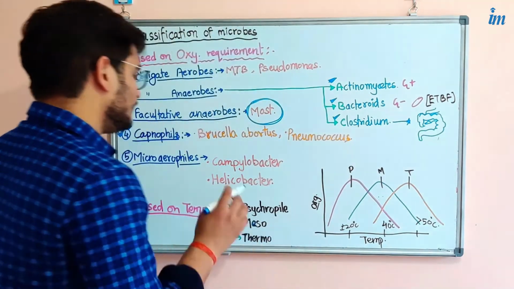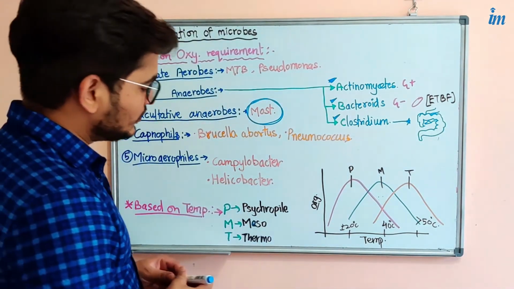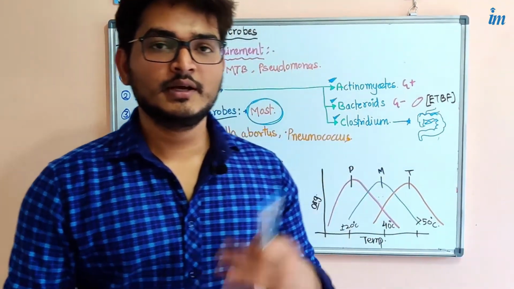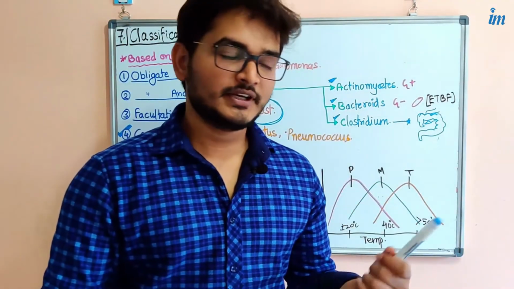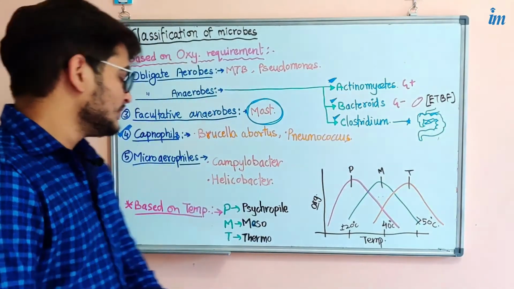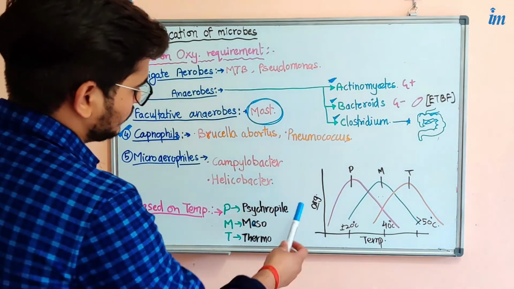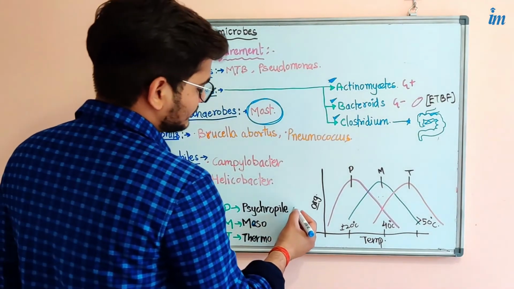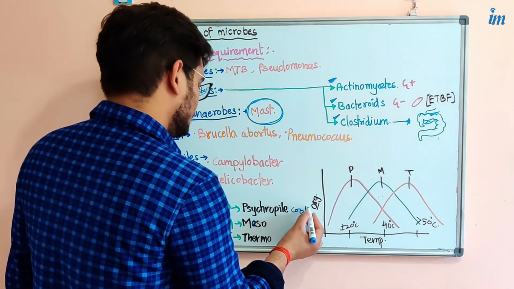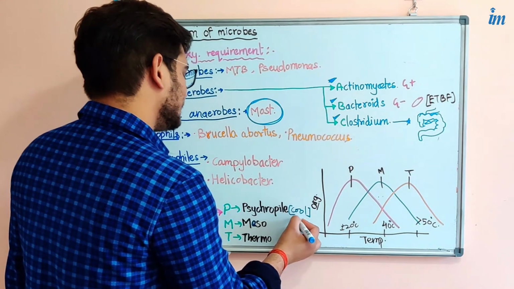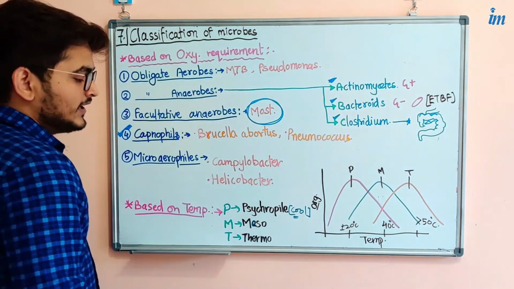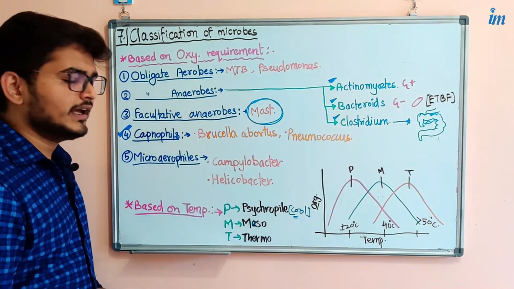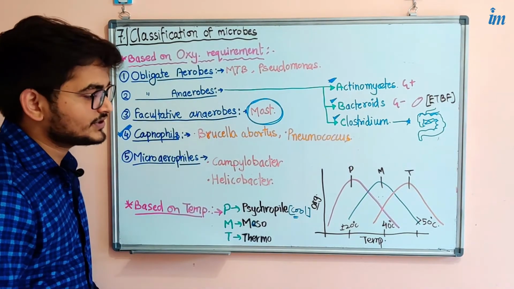Okay. For you, for the PMT examination, just remember P first, M second, and T last. The lowest temperature, the cool bacteria, are psychrophils. I personally remember it as cool. And mesophils, most of the bacteria, can grow at medium temperature.